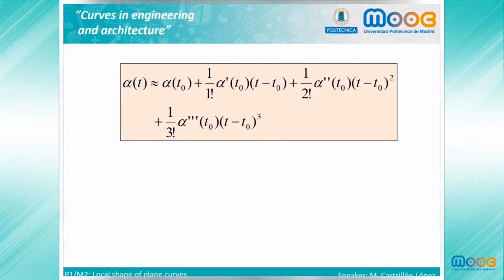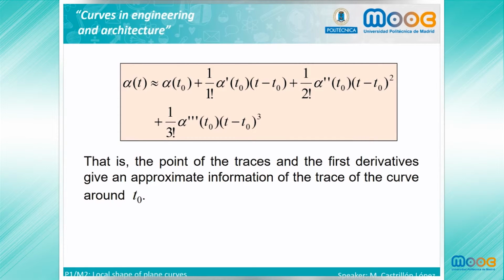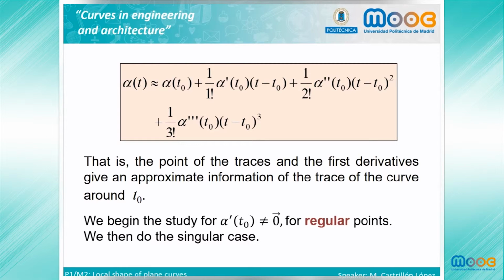In other words, the point of the trace and the first derivatives of the curve at that point give enough information to have a good approximation of the curve. We are going to study this approximation first for regular points, that is, those points for which the first derivative doesn't vanish. After, we'll do also the singular case.